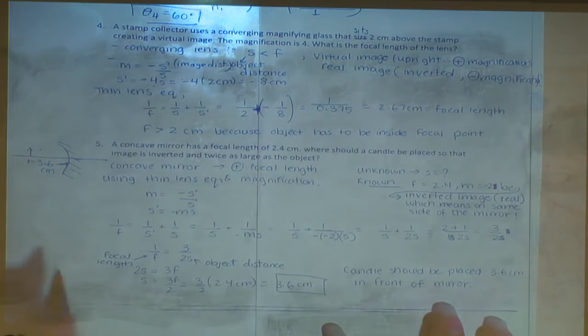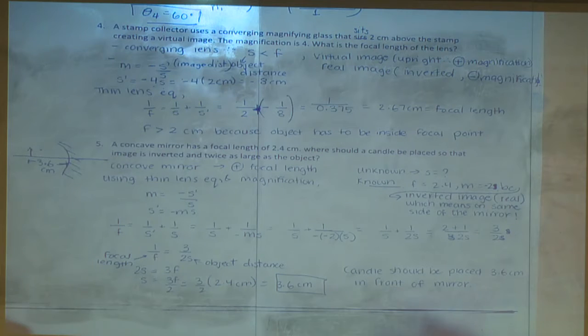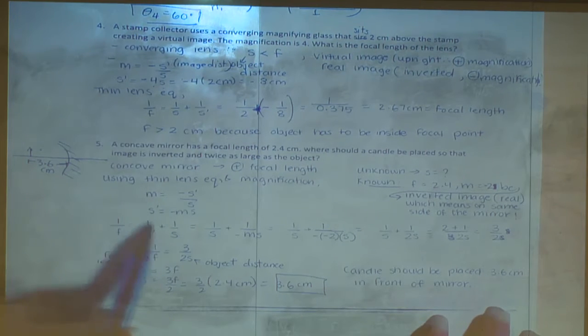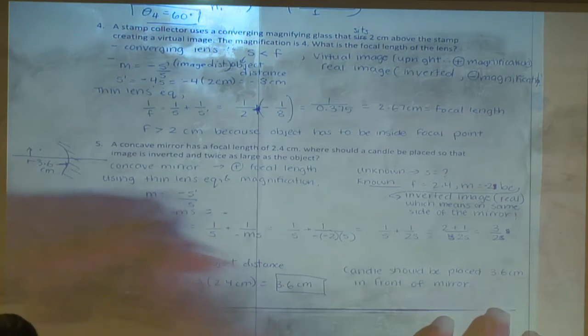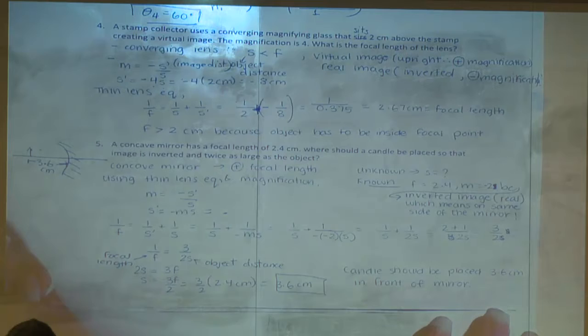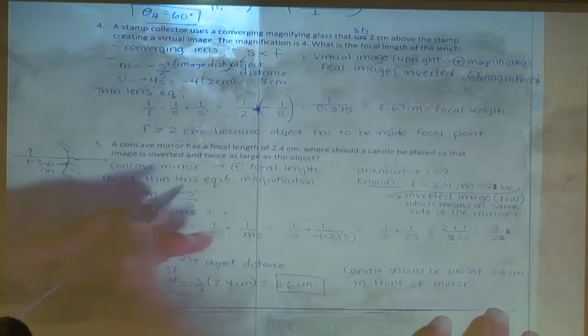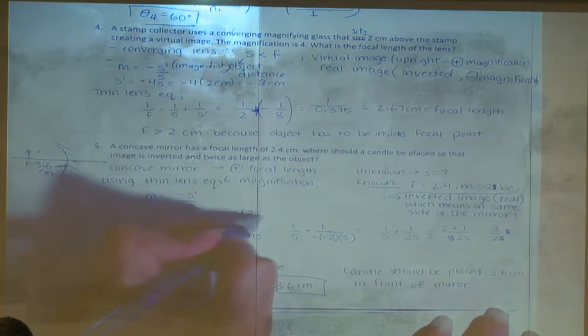You can also calculate the image distance. I don't have it on here as a part of the question, but if you want to go ahead and solve that, you can. The only difference would be you would be solving for the image distance. So that would just be negative magnification times the object distance, 3.6. So it would be -2 times 3.6 centimeters.